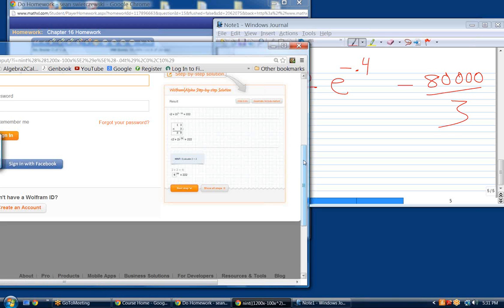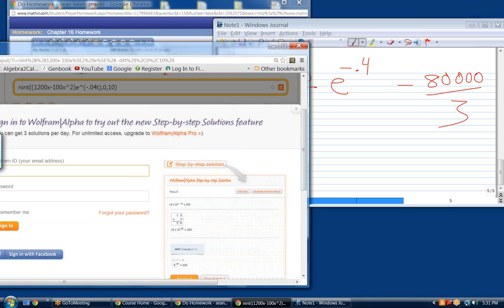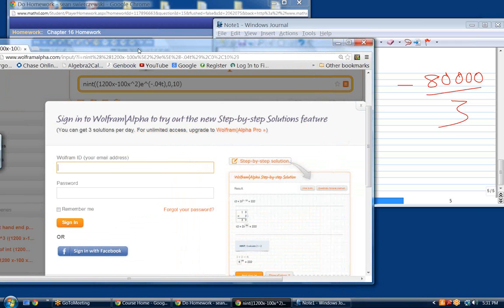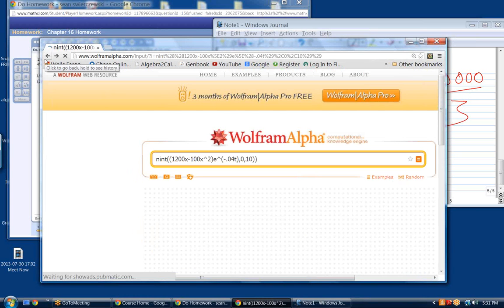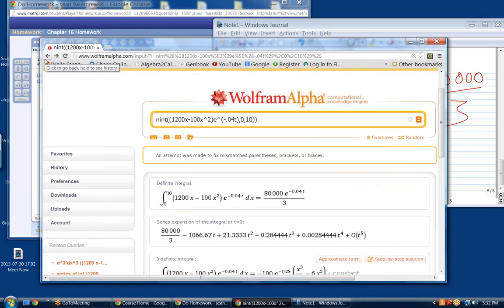That doesn't help. That is going to be a particularly difficult integral to find. That is not going to integrate easily.